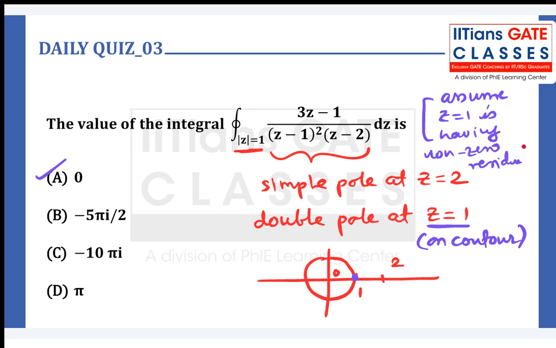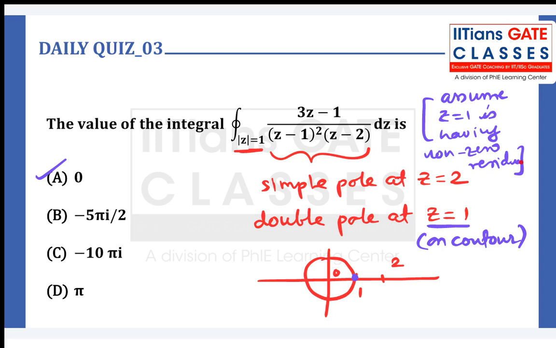Because the residue theorem and Cauchy's integral formula fail when the pole is on the contour itself. How to solve that? There are other techniques like principal value, but those are out of the GATE syllabus. So I don't think such a question will come in your GATE exam, but in some other exams, if it comes, I would personally put option A as the correct answer.